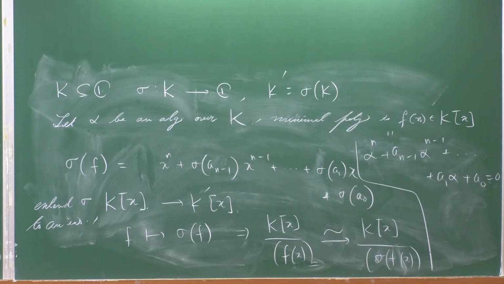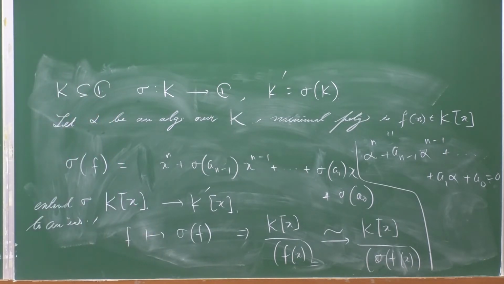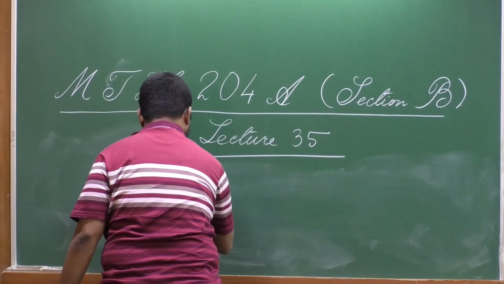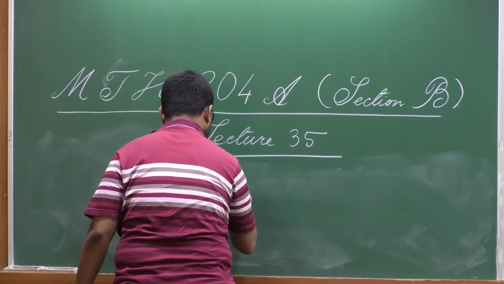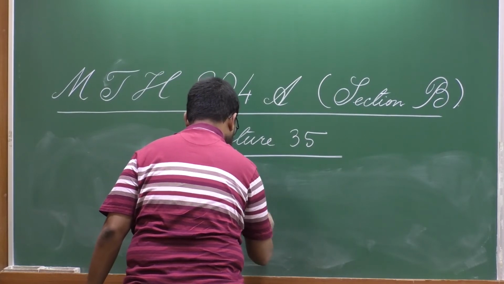So, what is that observation? Let us look here. In this scenario, k(alpha) is isomorphic to k[x]/(f(x)).